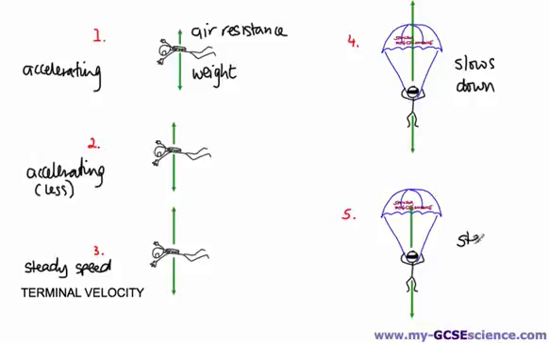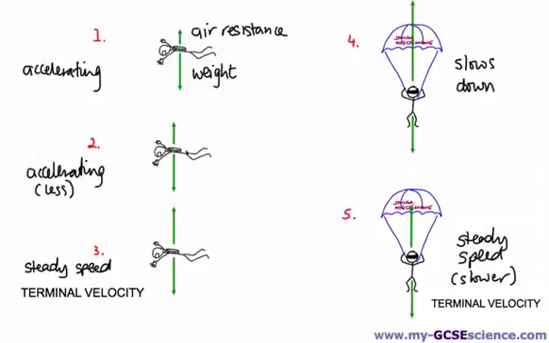It's going at a steady speed or steady velocity, but it's slower. In actual fact, it's a new terminal velocity. It's a slower terminal velocity. So what you should be able to do is to describe the forces on a falling parachutist in terms of the weight and in terms of the air resistance, and say what is happening to the parachutist based on the size of those forces at different points in the journey.